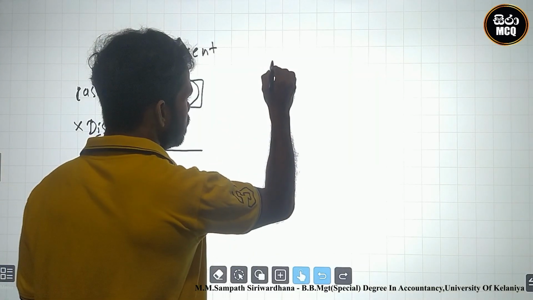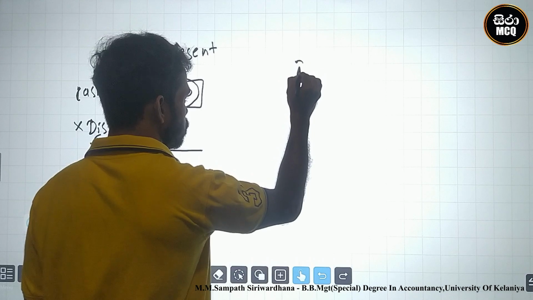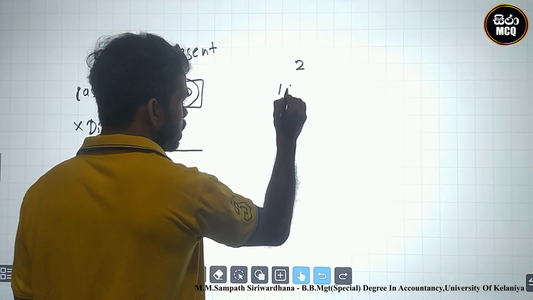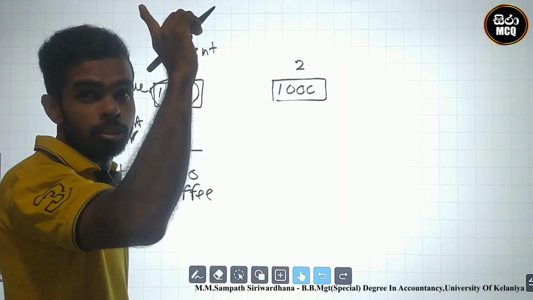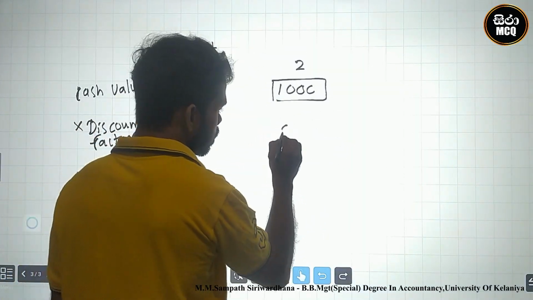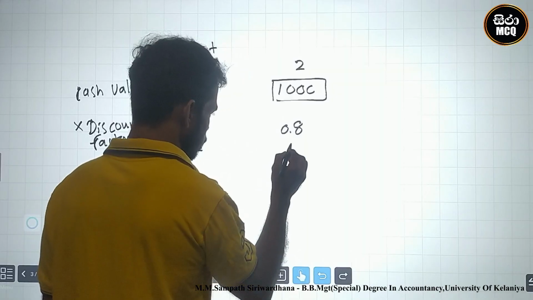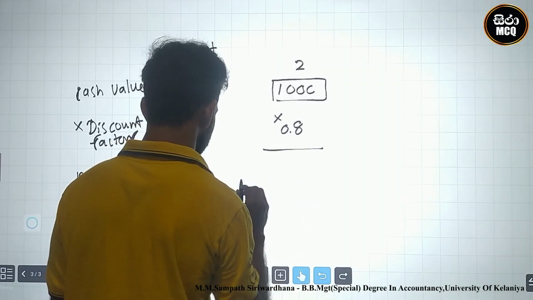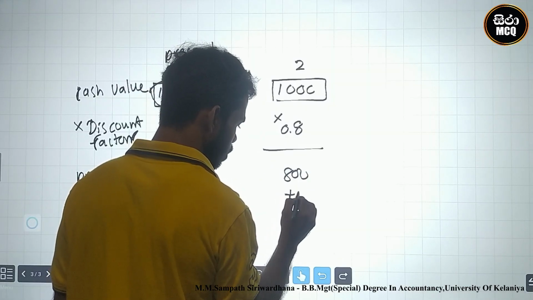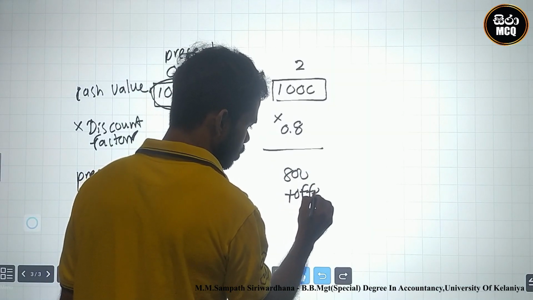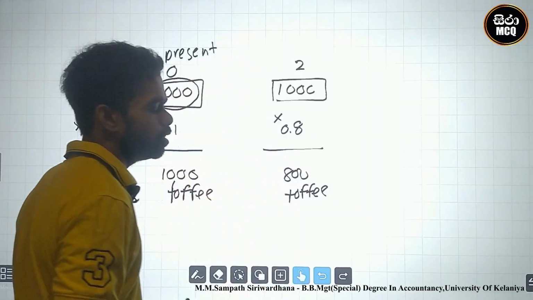But after 1 year or 2 years, look here, there is a 2 year period. You can get 1,000 rupees, but the cash comes after 2 years. Use the discount factor 0.8 multiplied by 1,000. The answer is 800. The present value in toffees is 800; you can get 800 toffees.